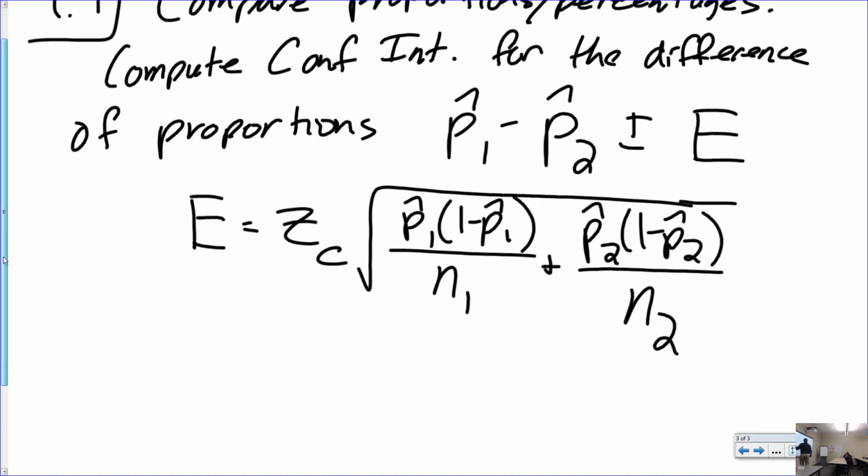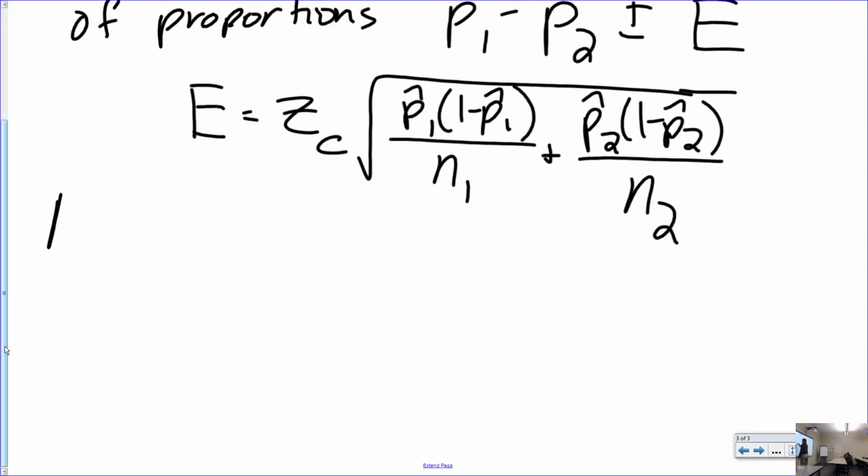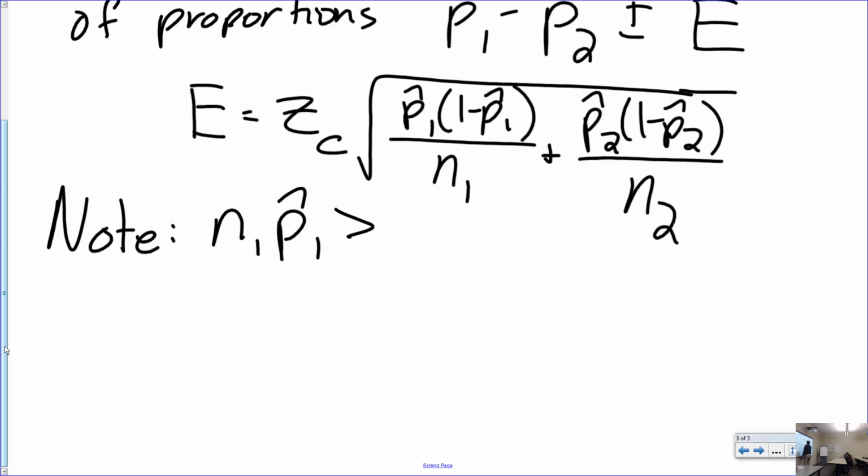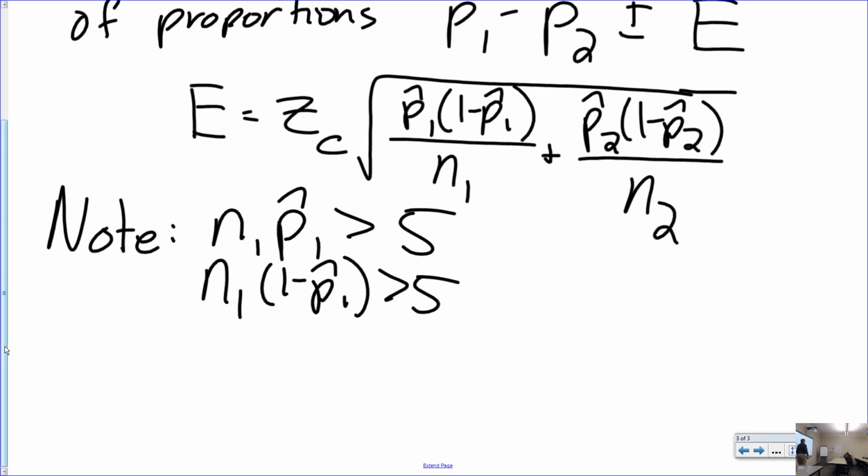Note, folks, remember on the last test, the very last question, what had to happen? N1 times p hat 1 has to be greater than 5. N1 times 1 minus p hat 1 has to be greater than 5. All of those things have to be true for both populations.